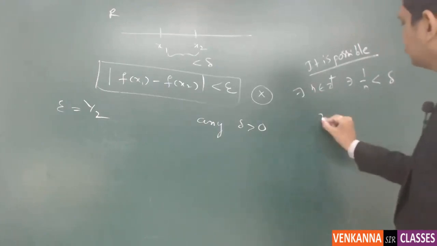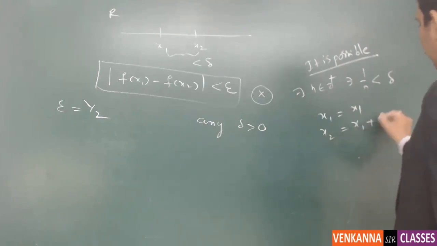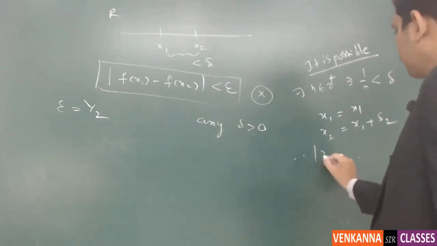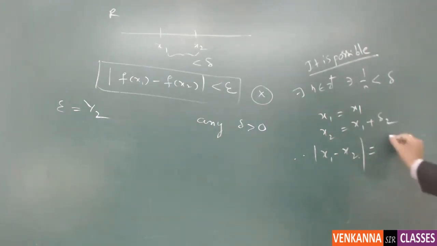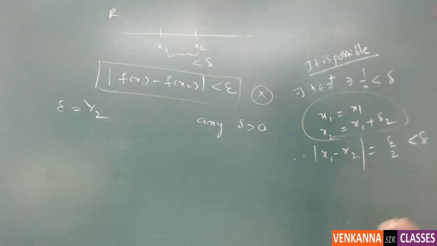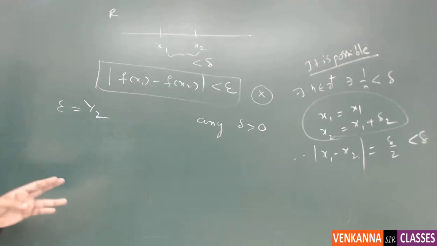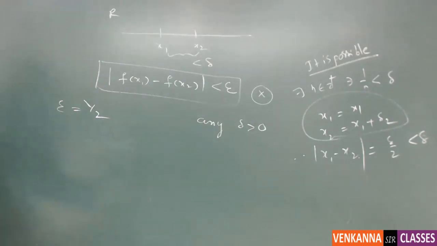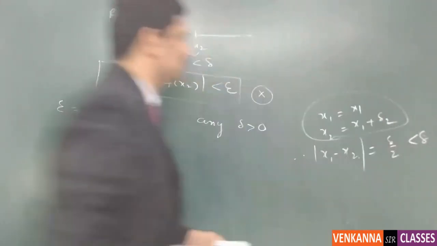If you are confused about what 1 by n is, in this way also you can choose. So forget about the n belongs to Z plus concept, you will get confused.